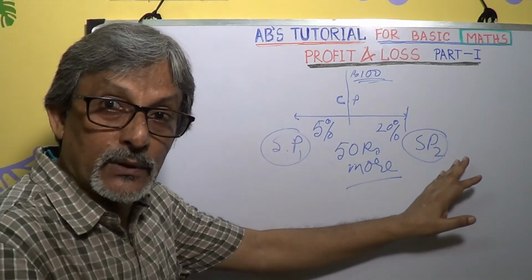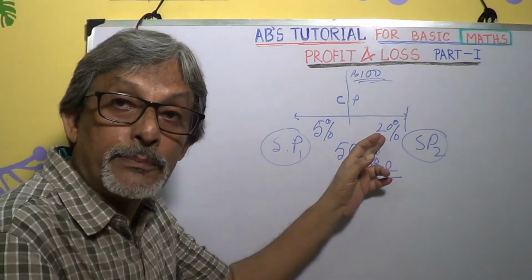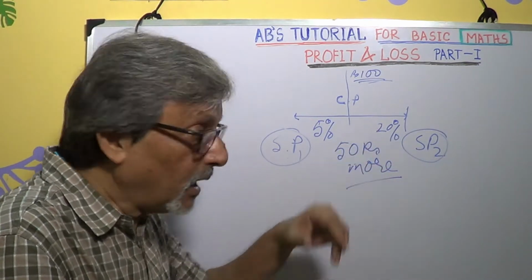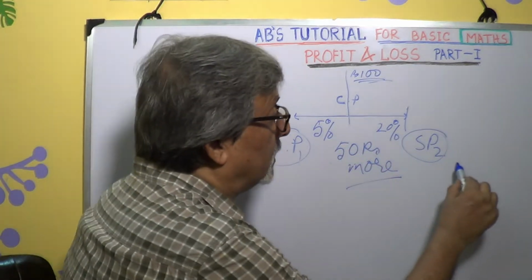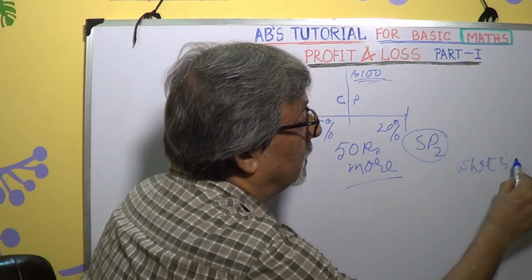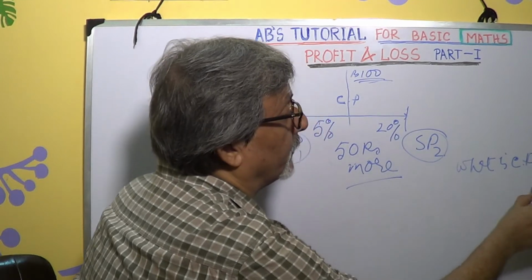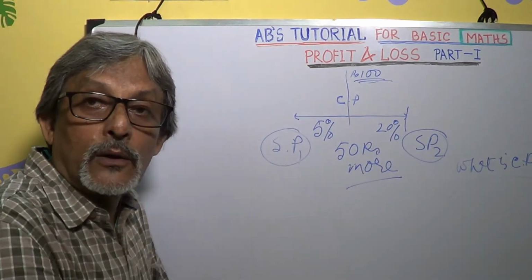Then the SP2 comes, okay? And this makes a profit of 20%. Now, the question is, what is the CP, the cost price?